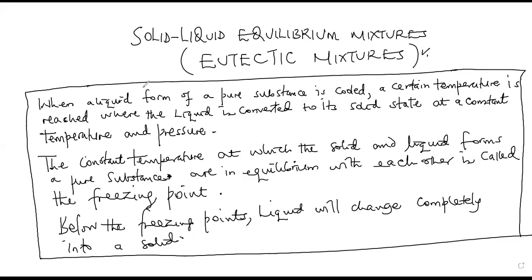Now, when you take a liquid of a pure substance and you cool it, you reach a certain temperature where the liquid is converted to its solid at constant temperature and pressure.